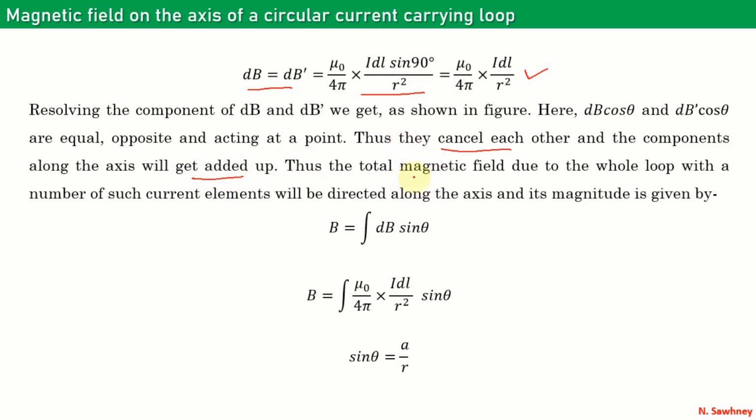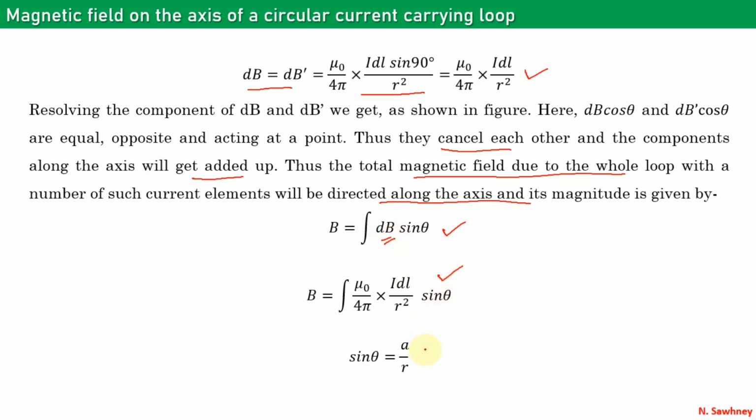And the total magnetic field due to the whole loop, with a number of such current elements, will be directed along the axis, that is along the sine theta components, and its magnitude will be given by integrating dB sin theta. Putting down the value of dB from above, we have obtained this equation.